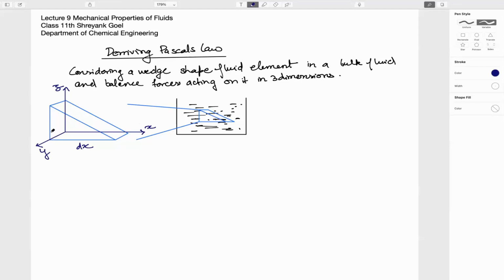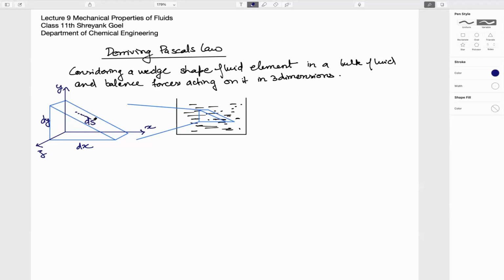There is a way of taking x, y, z also, but that is not important at your level. This is dy, and let's take this line to be ds.